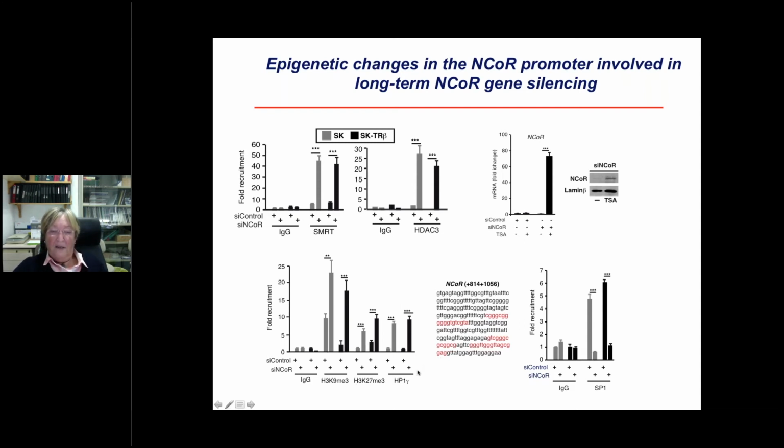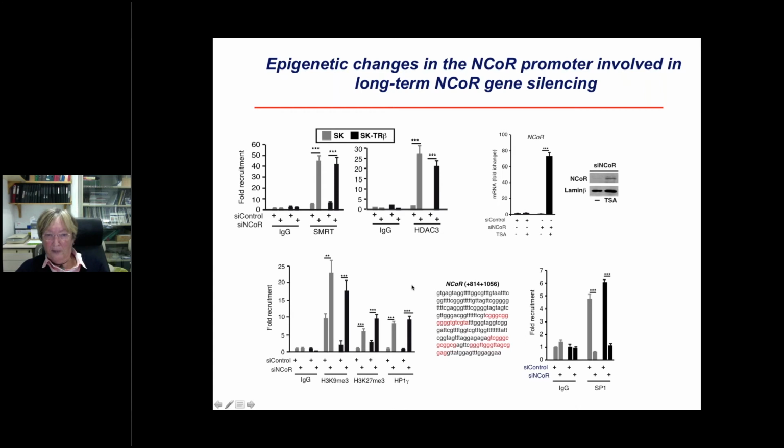And most interesting, we could observe that in the absence of NCOR, there is a strong appearance in the promoter of the heterochromatin protein HP1 gamma. This indicates that in the absence of NCOR, there is heterochromatinization of the NCOR promoter.